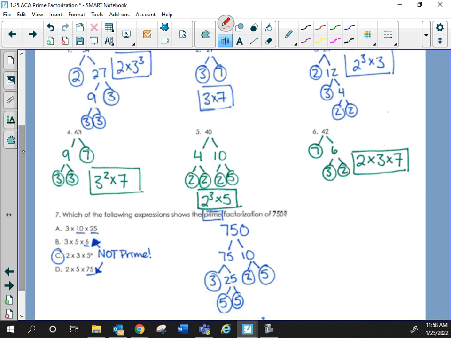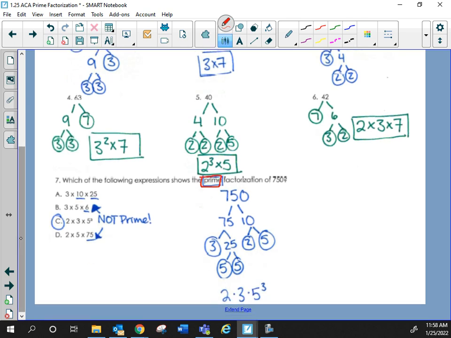Let's talk about number 7 real quick, because this is my favorite kind of test question, because it basically can be the answer. On number 7, it asks you which one is the prime factorization. Before I even solve the problem, what I usually do is say, if it's not prime numbers, it's not the prime factorization. So let's look at what it underlines. 3 times 10 times 25, is 10 prime?